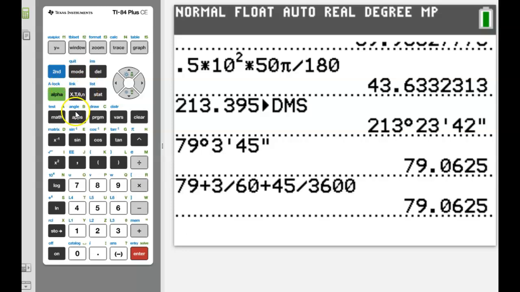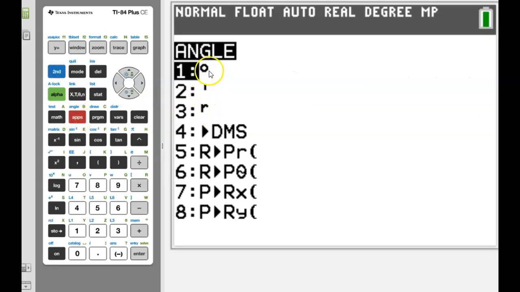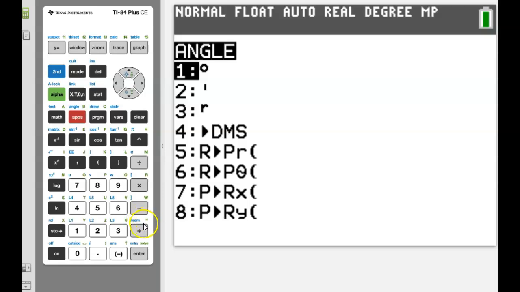Otherwise, the buttons are under the math. Under the app here are the degrees and minutes, and then the second one is over here, alpha plus.